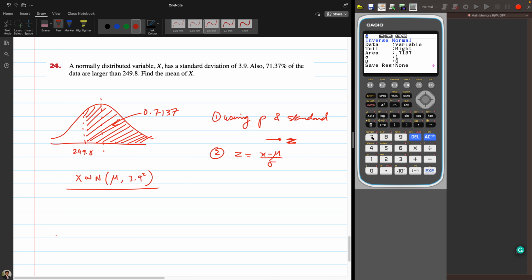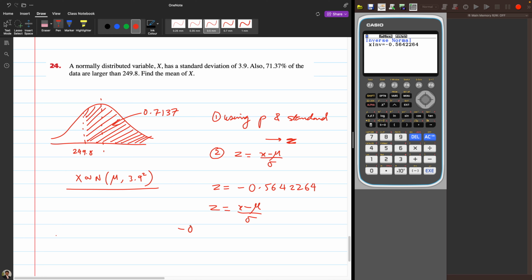Area is 0.7137, correct? And it's a standard value because we don't know both the corresponding values. So we use 1 and 0, and when you use 1 and 0, you get the z value. So that's my z. My z value is minus 0.564264. Now use my formula, z is equal to x minus mu upon sigma.